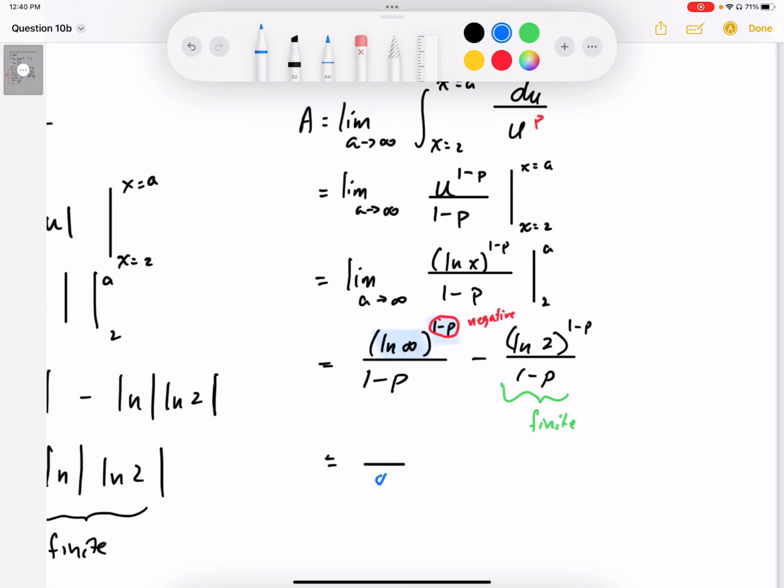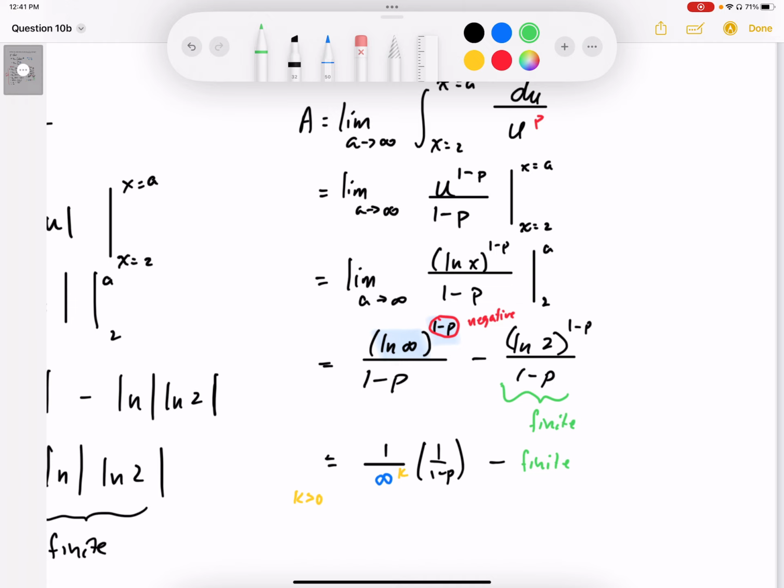Log infinity is just infinity, and that becomes some positive power, which I'm going to give another variable, k, where k is greater than 0. k is a positive power. And we end up with that, and then we still have that 1 over 1 minus p. Again, that's not really significant, we have this finite value here. And we end up with 1 over infinity, which is 0.